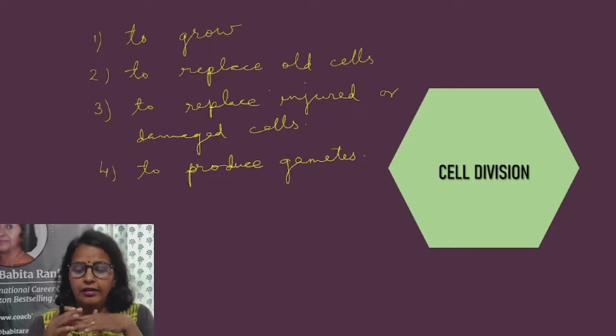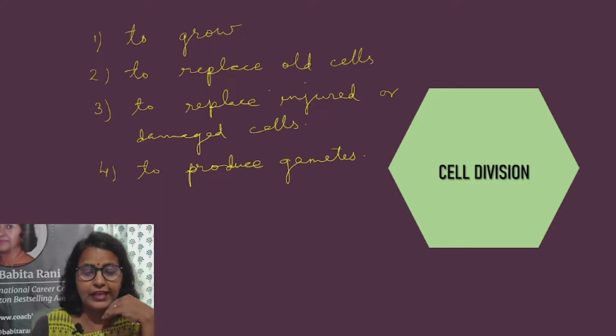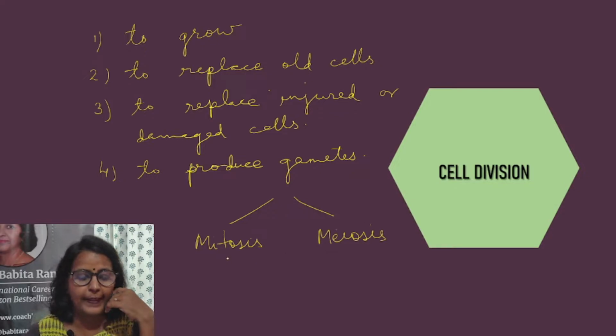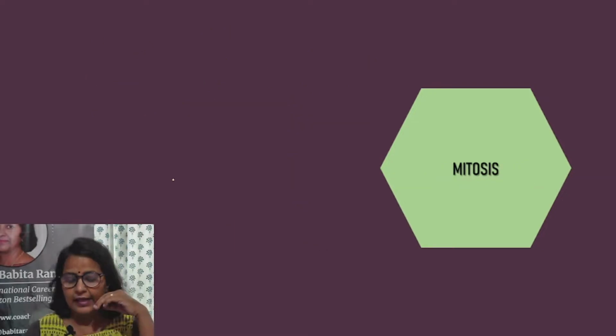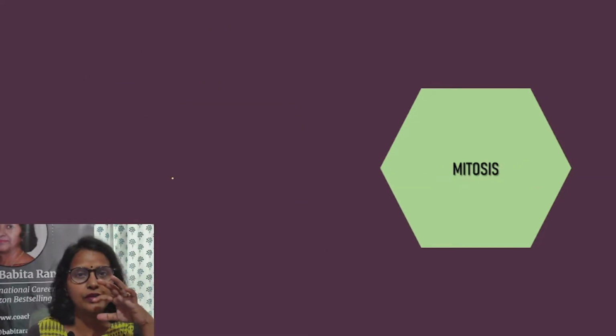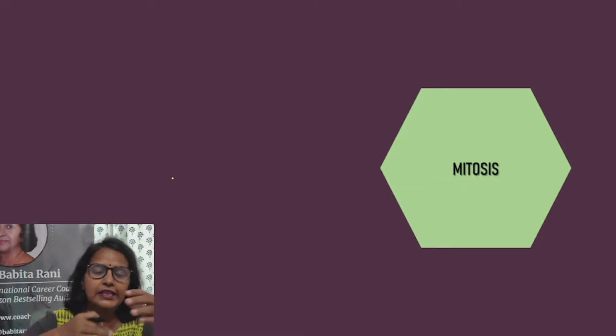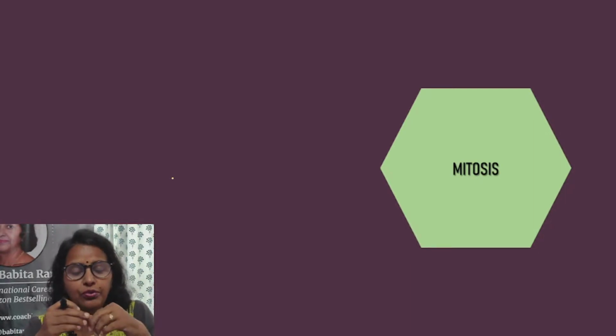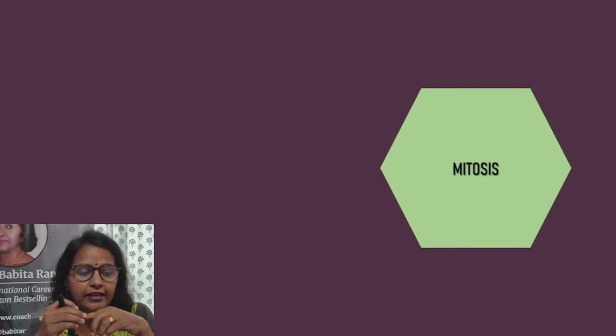There are different types of cell division. One is known as mitosis and the other is known as meiosis. So let us see what these two cell divisions are. Cell division is a process which continuously takes place in a cycle, but in class 9 you don't have to study the cycle in detail.